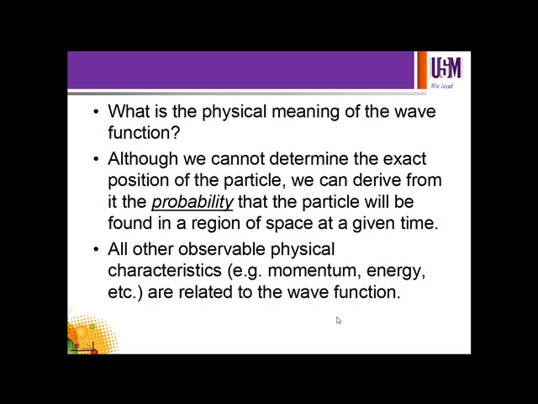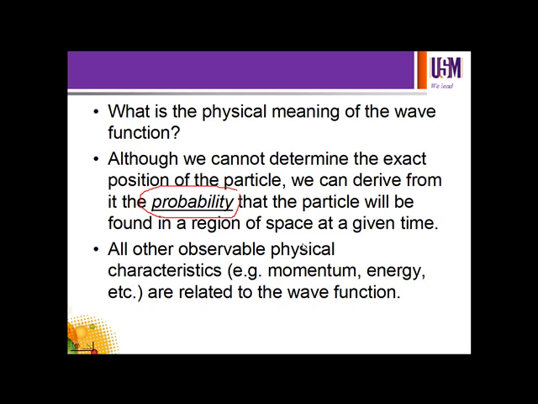What is the physical meaning of the wave function? Although we cannot determine the exact position of the particle, we can derive from it the probability that the particle will be found in a region of space at a given time.